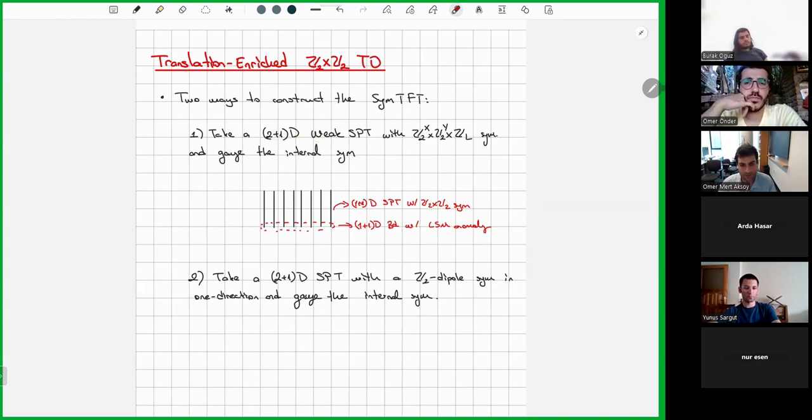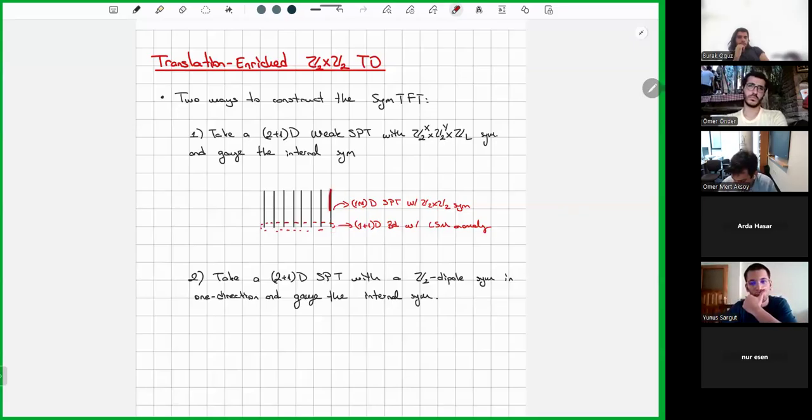This is nothing but you take one-dimensional SPTs, in this case Haldane phases that are protected by an internal Z2 times Z2 symmetry. And then you take L copies of them and you stack them, construct this two-dimensional lattice. The point is that if you have the Haldane chain, the boundary realizes a projective representation of Z2 times Z2 symmetry. So the boundary of this two-dimensional model looks exactly like my boundary of LSM theorem, where LSM theorem applies.